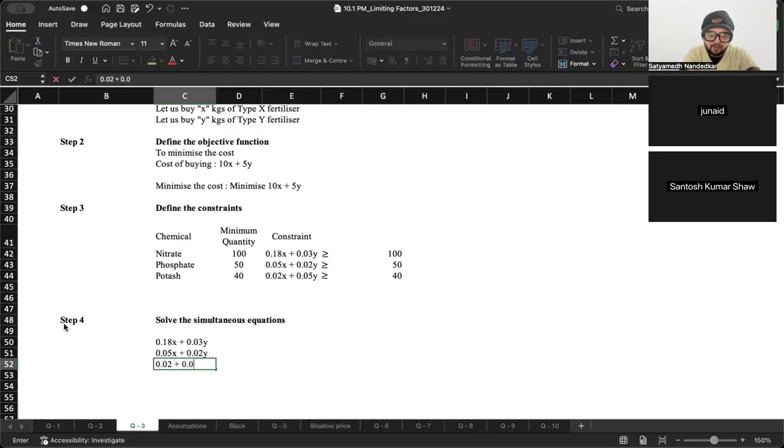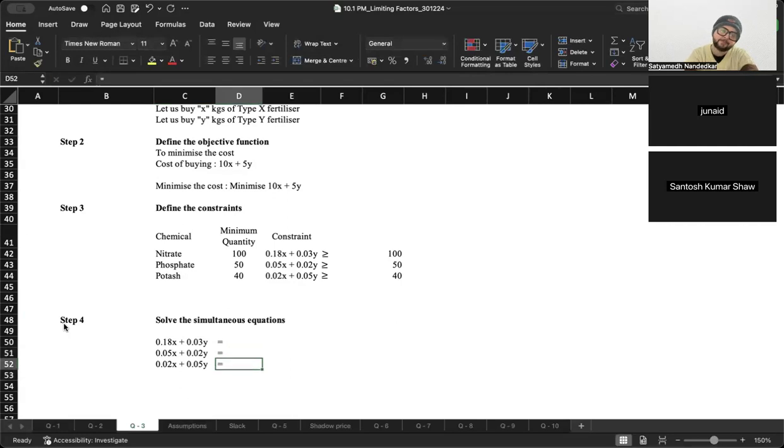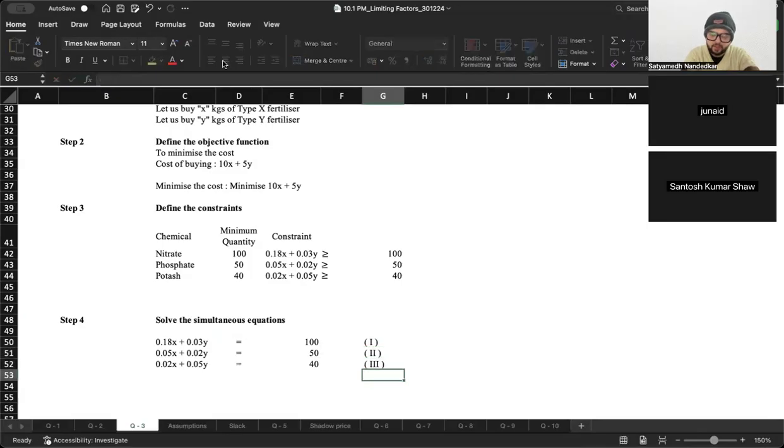But this is necessary for your practice and concepts. तो आप देख लो इसमें मैं क्या बोल रहा हूँ. 0.02x plus 0.05y. ठीक है. This is 100, 50, 40. ठीक है. Let this be your equation 1. Let this be your equation 2. Let this be your equation 3.